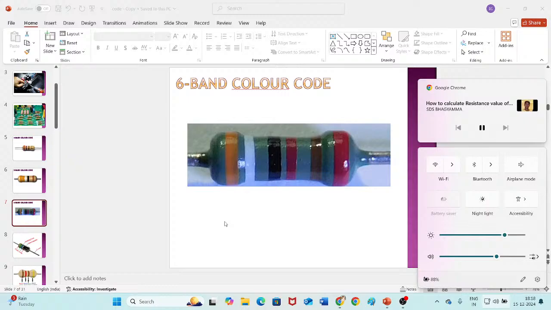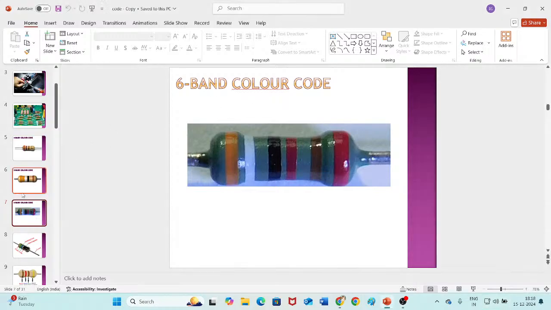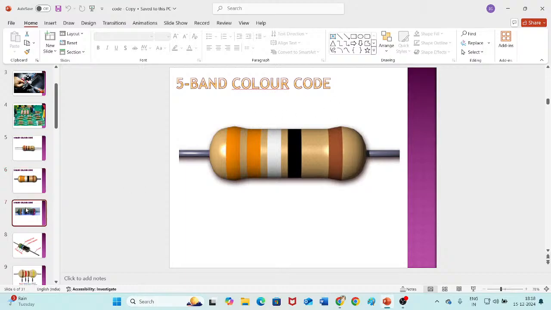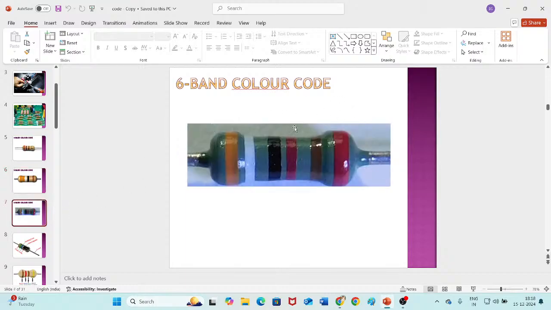Whether it is 5-band or 6-band, the precision resistors' tolerance value will be very low, usually 1% or below.